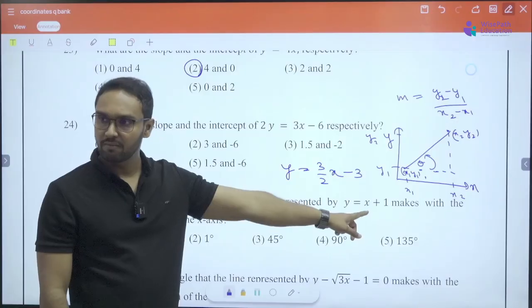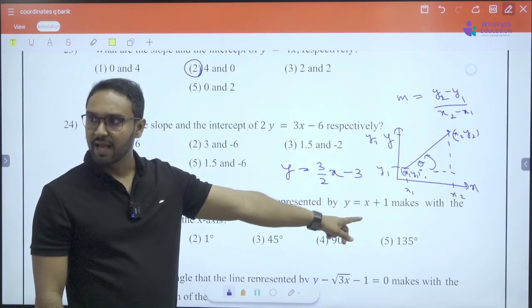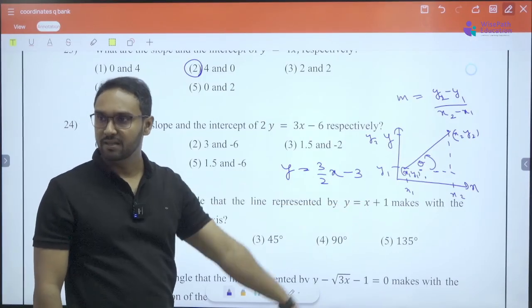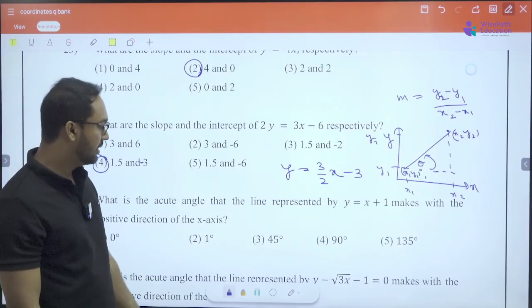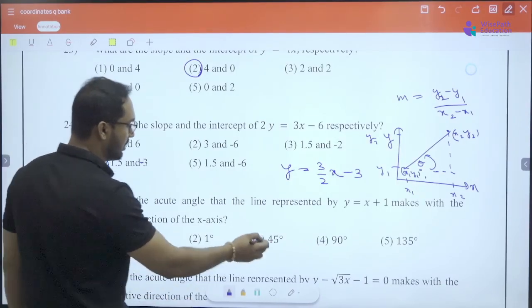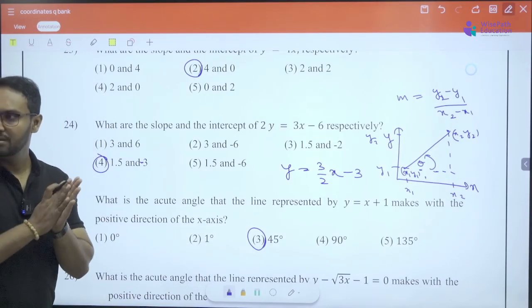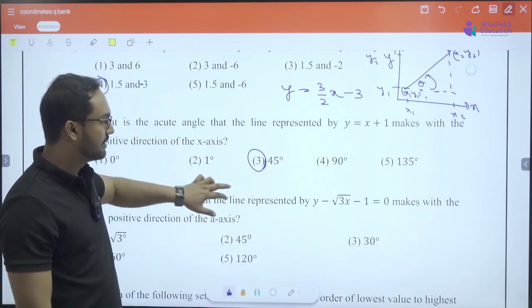It is 1. So tan theta is 1. Tan theta gives a 1 value when the angle is 45 degrees, because tan 45 is 1. So in degrees it should be 45. Understood it? So tan theta is 1 because it's 45 degrees.